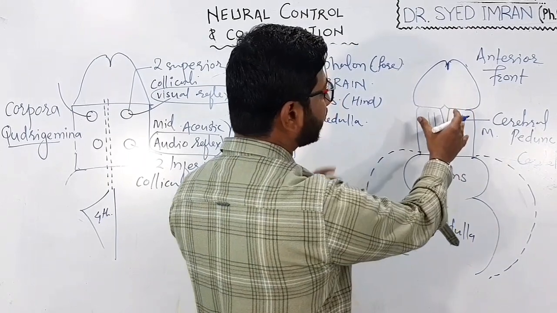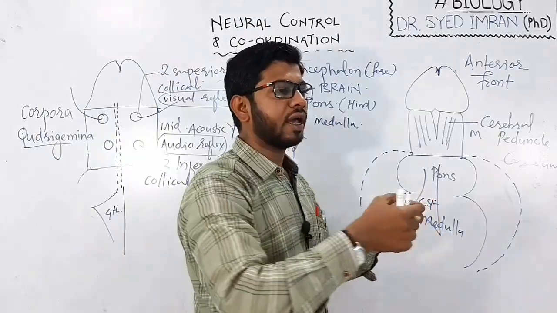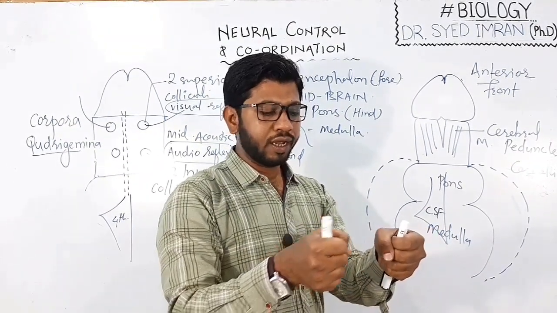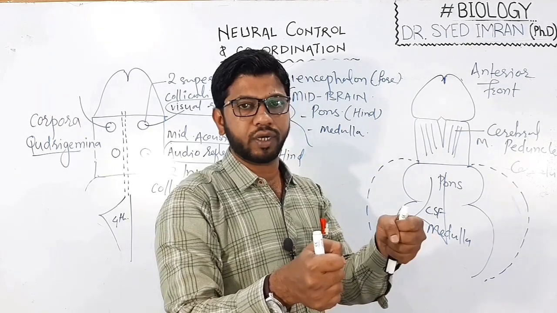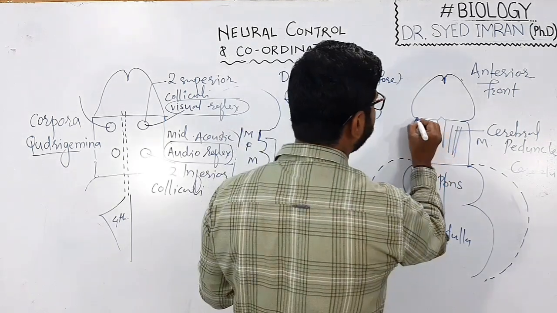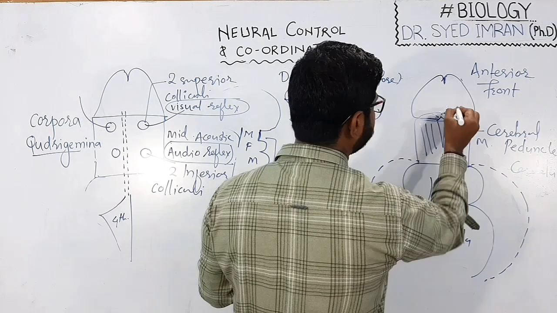And at the top of the midbrain, in the diencephalon, there are 2 thalamus situated sidewise from each other, and in between these 2 thalamus, the 3rd ventricle is situated on the floor of the midbrain. So this is, suppose, the floor of the midbrain. Here the 3rd ventricle is present.